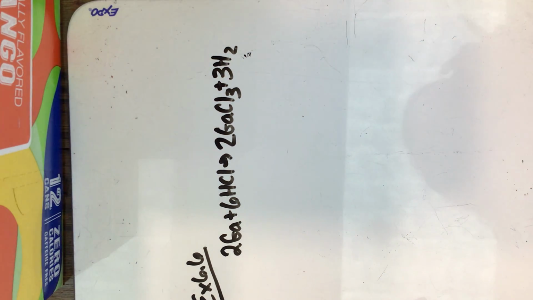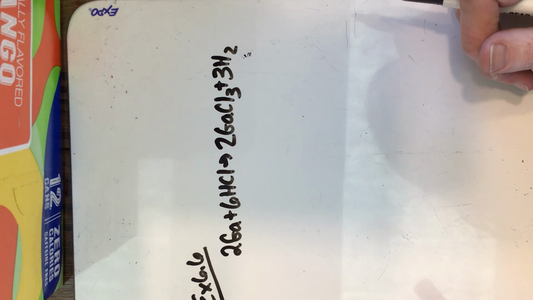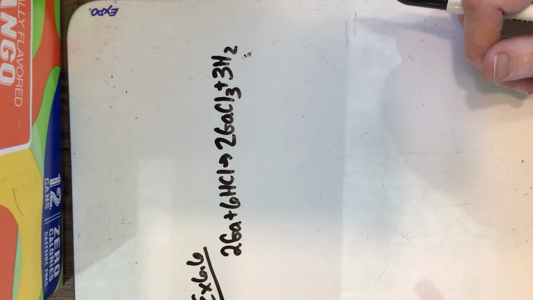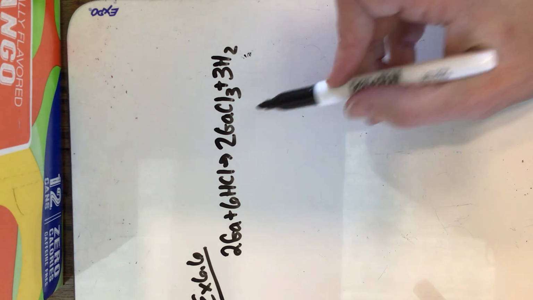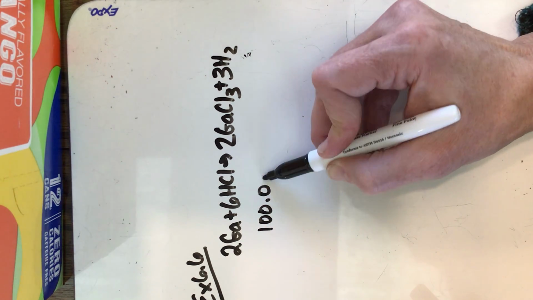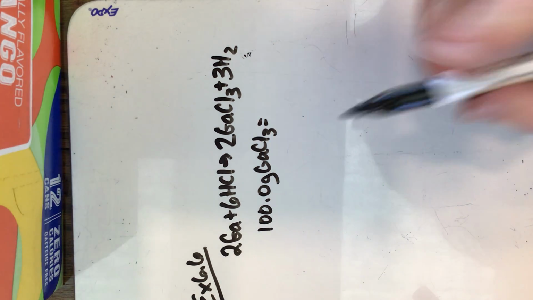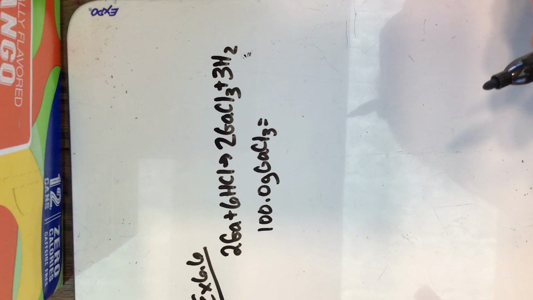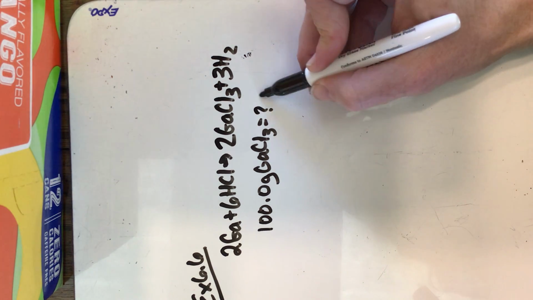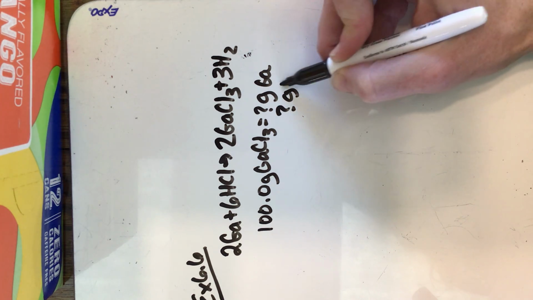So there's my formula. The difference in this problem is we are not going from moles to moles. It wants to know how many grams of Ga and HCl would be necessary if you needed to produce 100 grams of this. So basically we're saying 100.0 grams of GaCl3 is equal to how many grams of Ga and how many grams of HCl.